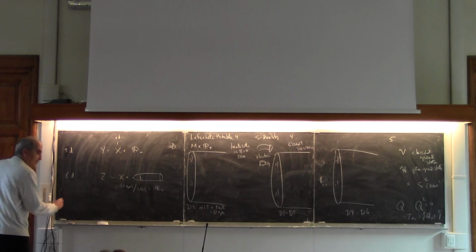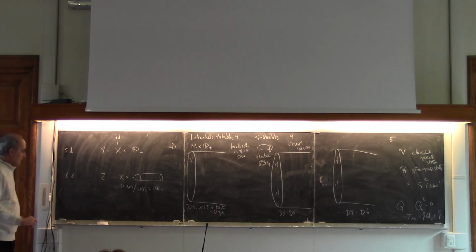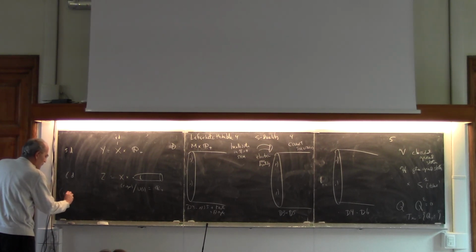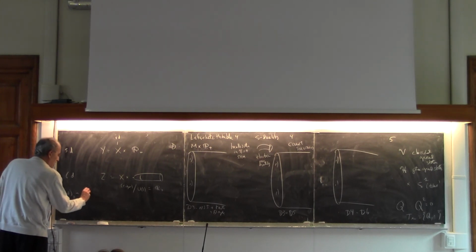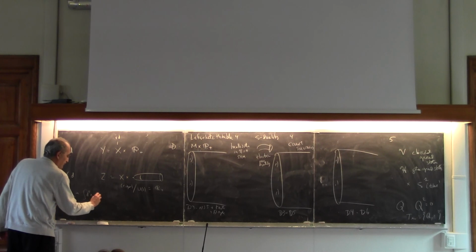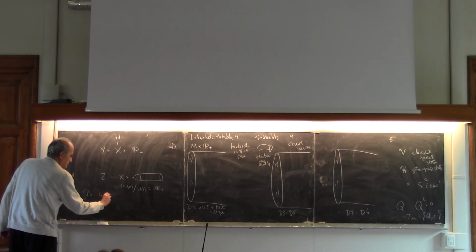Let me explain the question, and then we'll discuss things further. There's this mystery in 6D, which on a circle of radius r gives 5D, with a factor of 1 over r.